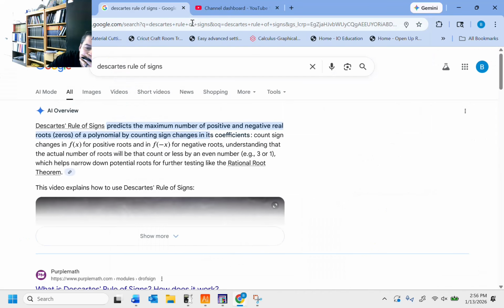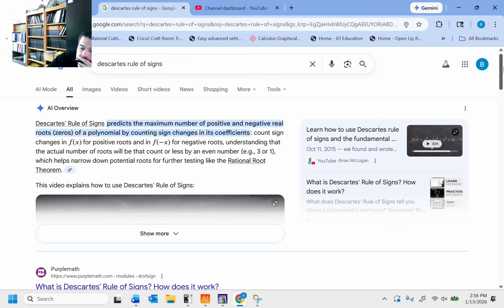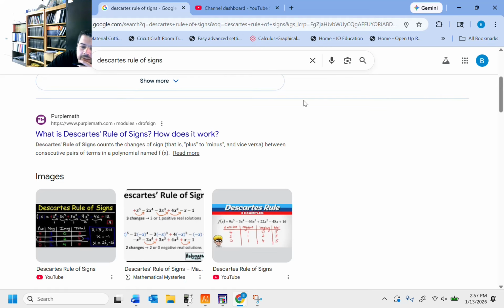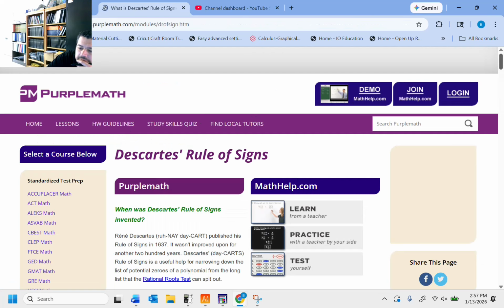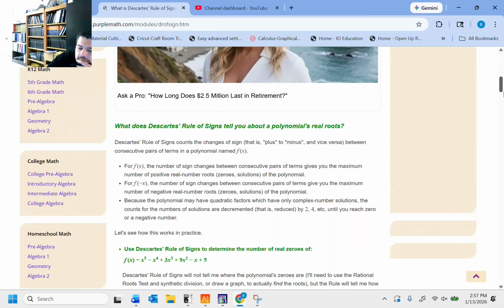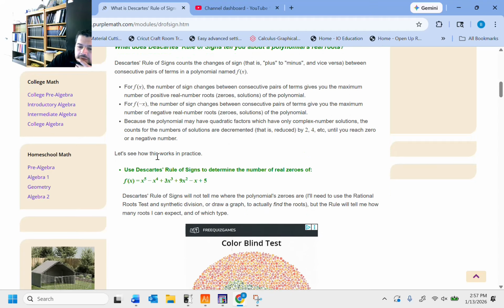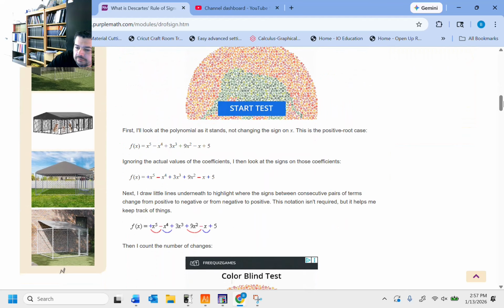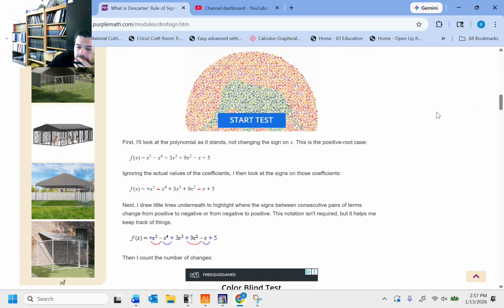And let's do a little scrolling here. I like purple math. What is Descartes' rule of signs? How does it work? All right. Use Descartes' rule of signs, determine the number of real zeros, not what I want. I want positive, right? So first, look at the polynomial as it stands, not changing the sign on x. This is the positive root case.